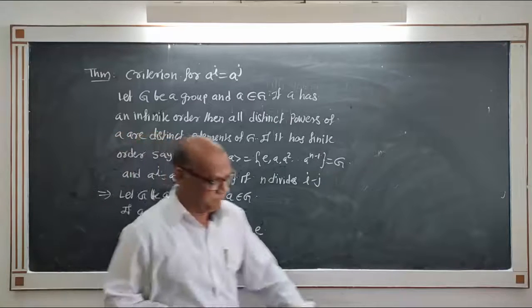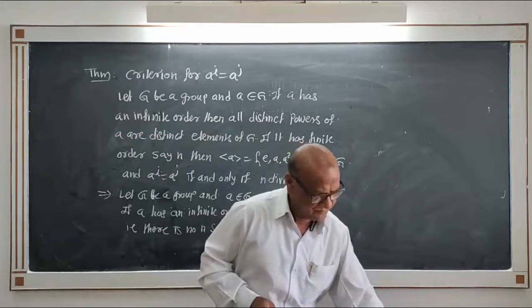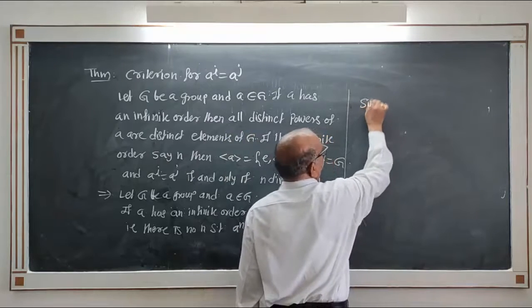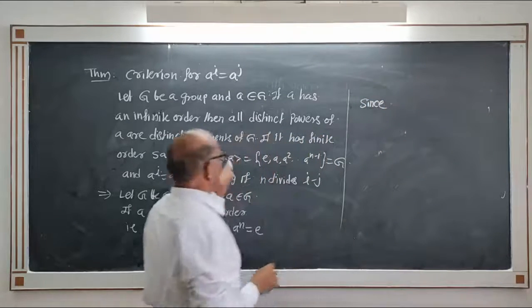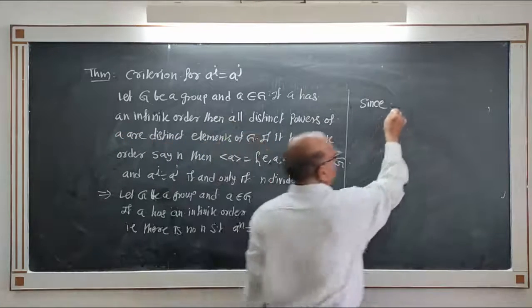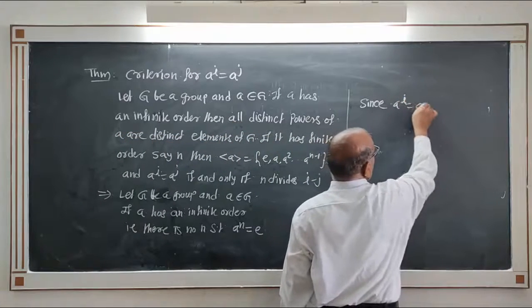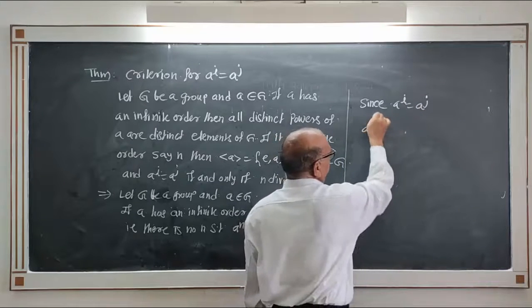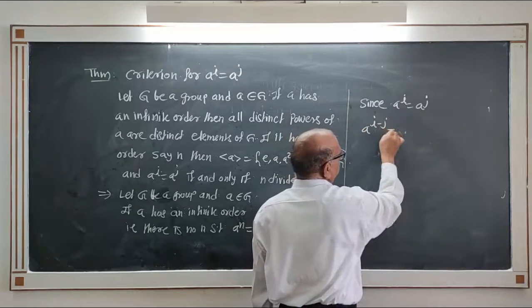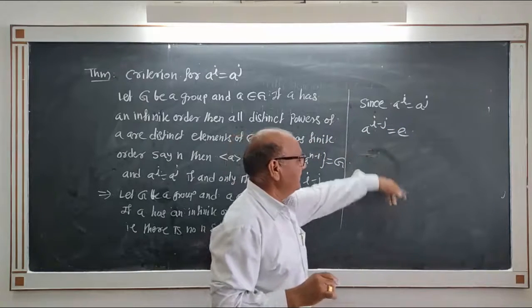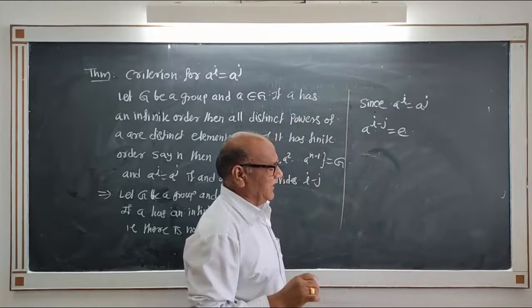Now suppose the powers of a are not distinct, since a raised to i is equal to a raised to j. This gives a raised to i minus j is equal to e.